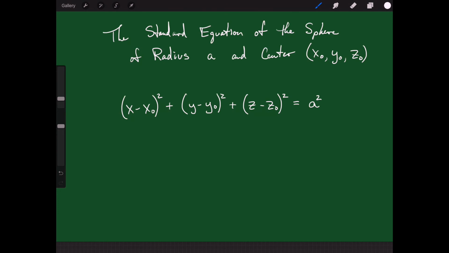Now notice, if you just again erase the z part of this thing, then you just get the equation of a circle in 2 dimensions. So adding back in that z component, you just move this into 3 dimensions and you get our 3-dimensional sphere.